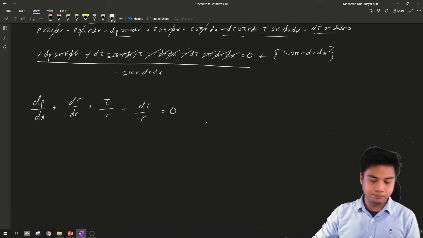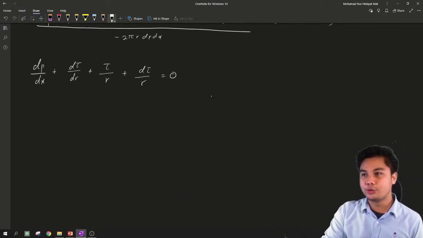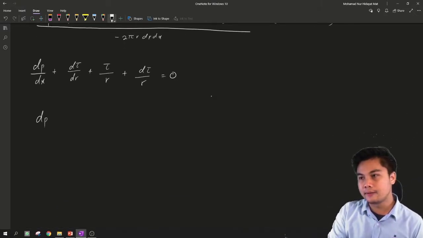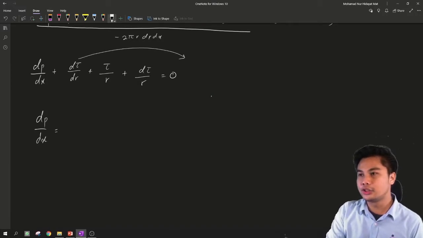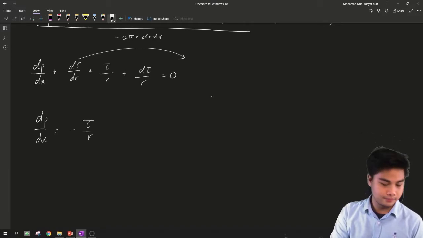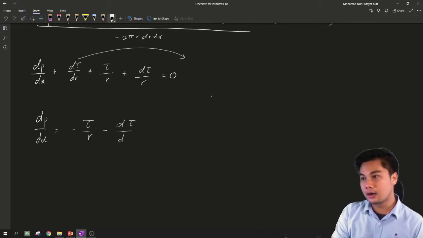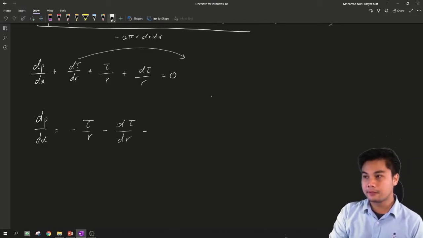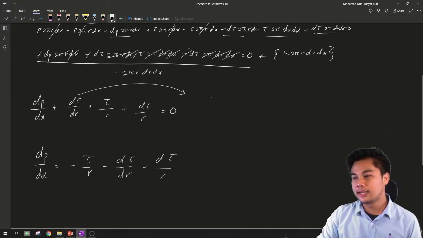So from here, you can arrange that you need to make dp over dx equal to the other terms. So change this one, negative tau over r, negative d tau over dr. So let's take a look.